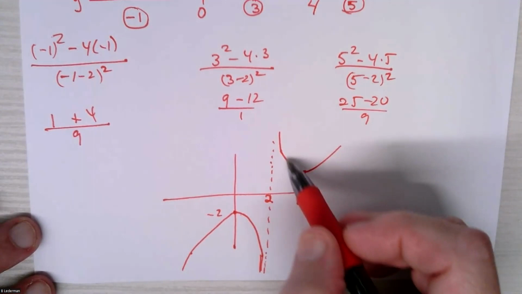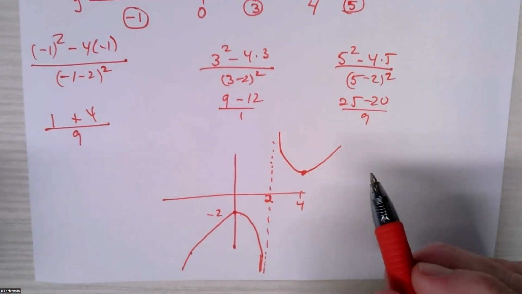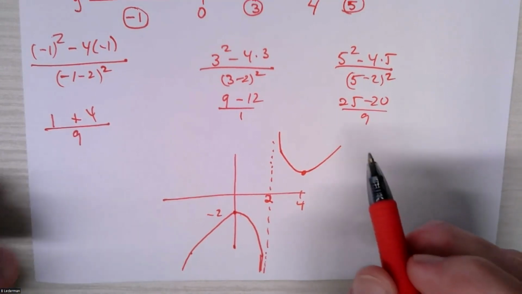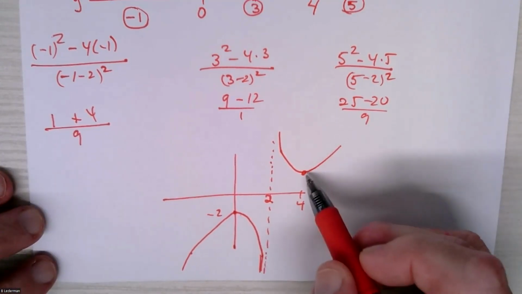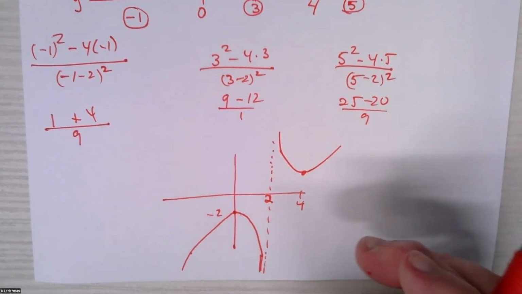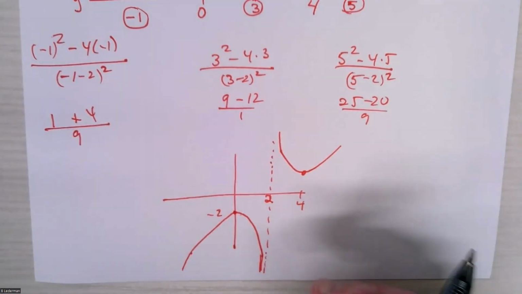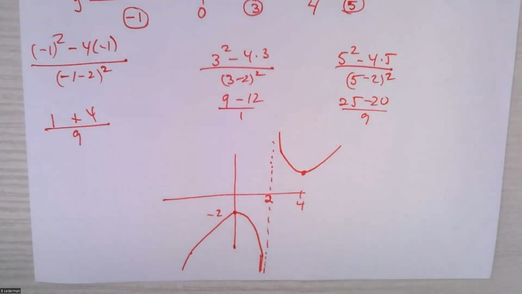That's decreasing and that's decreasing, so it's all decreasing in this whole interval. Then it starts increasing after it hits the min at 4, comma something. We'll get that later, and that'll be our range. This looks like a pretty nice rough sketch.